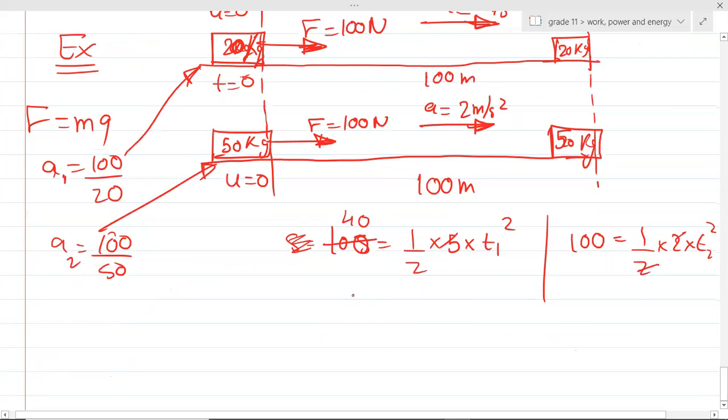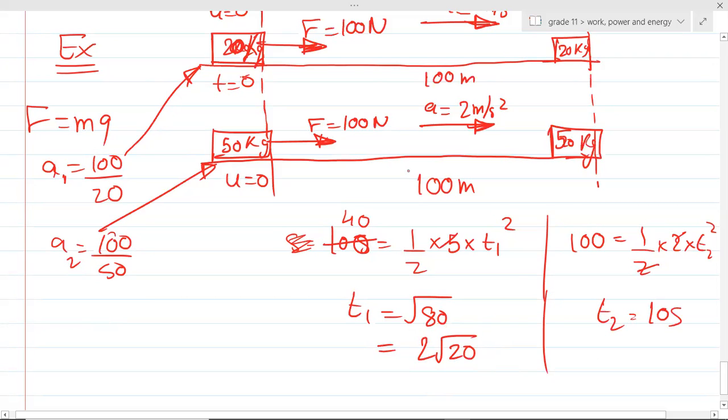Sir, what calculation are you doing? I'm doing some calculation. Okay. 80 will be how much? 4 into 10. Yeah. 2 root 10. Right?